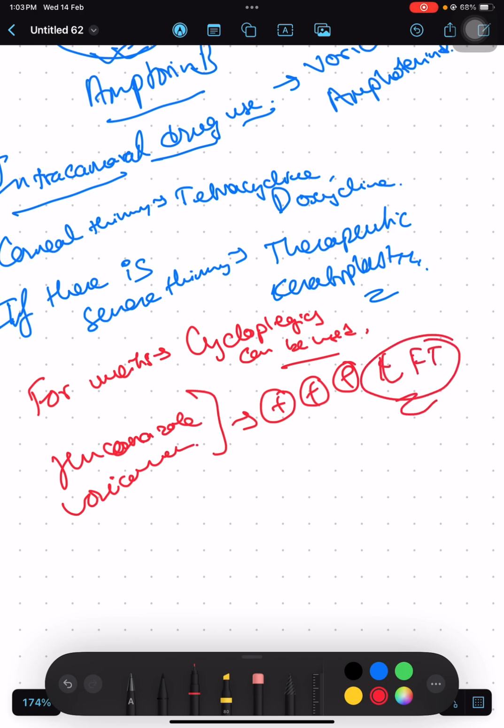Okay, monitor the LFT. I already told you about cycloplegics, very important. These cycloplegics can be used in the case of suspected uveitis.